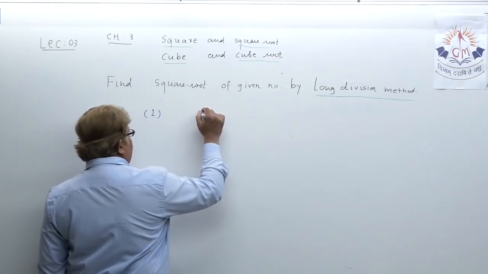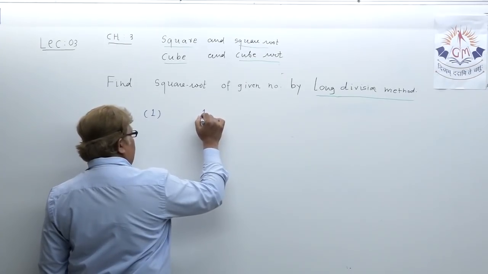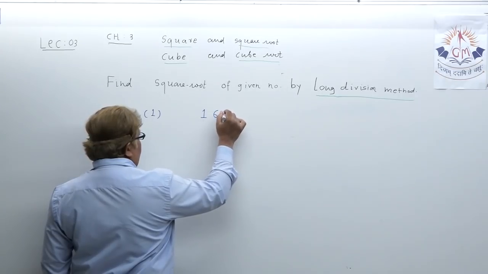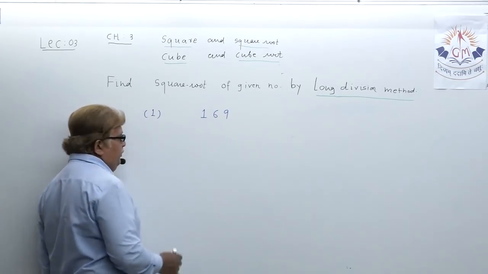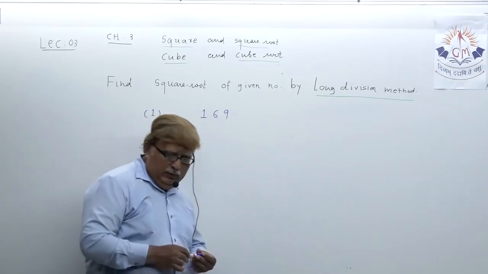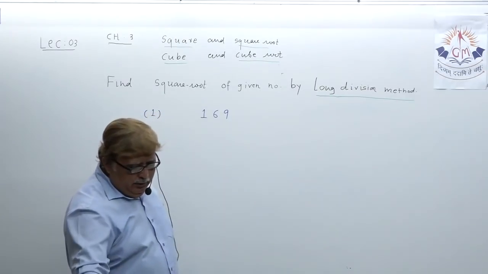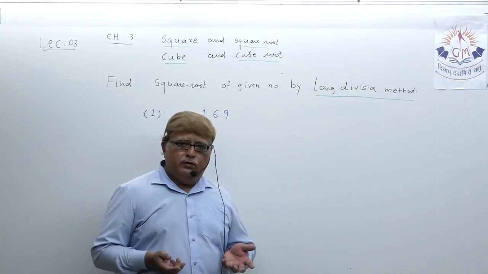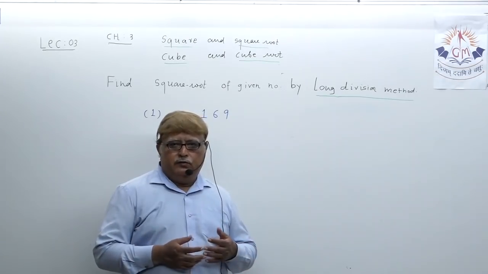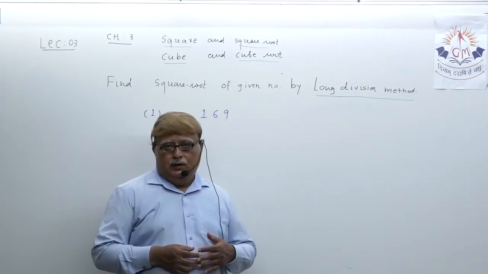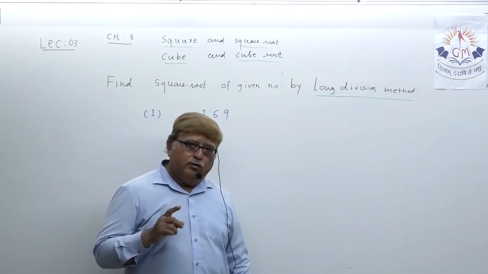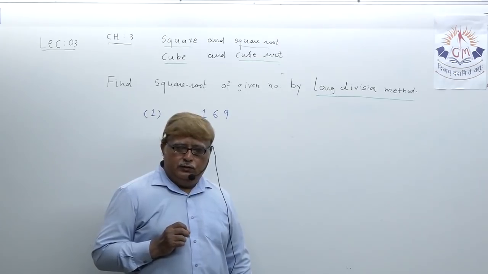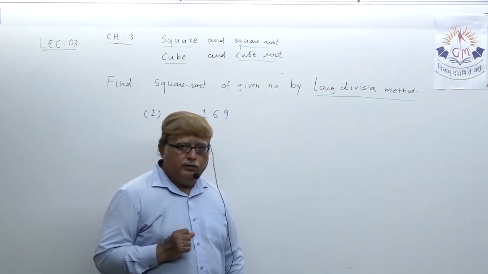Suppose, let me write one number. Initially, we will solve one or two example of this type only. 169. Immediately query starts in your mind. Sir, we know the square root of 169, that is 13. But I want to make your concept clear. That's why I have taken this particular example.